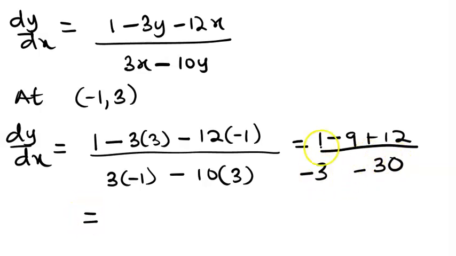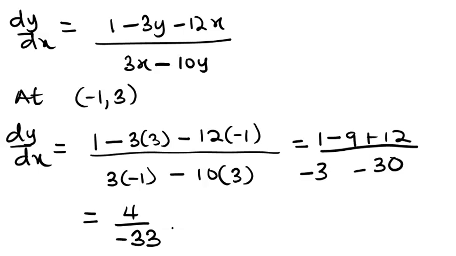So we have 1 minus 9 is minus 8, minus 8 plus 12 is 4, over minus 3 minus 30, that is minus 33. Yes, so that is our answer.